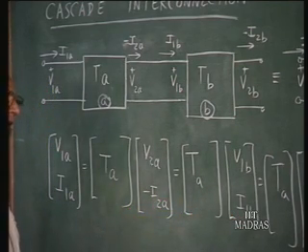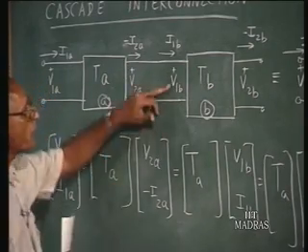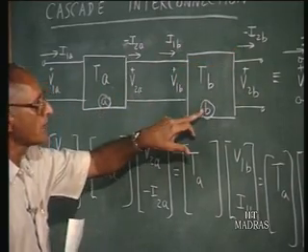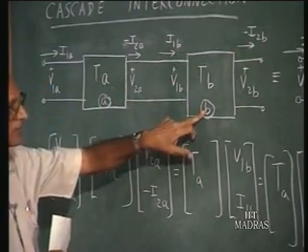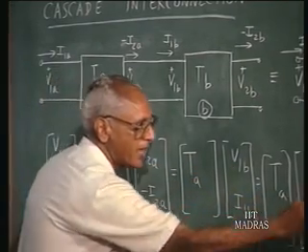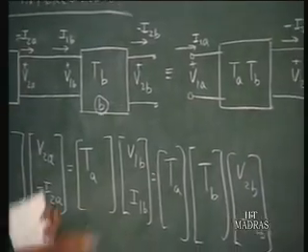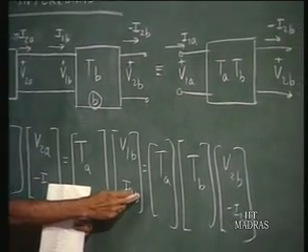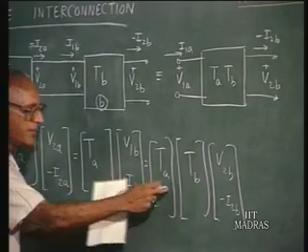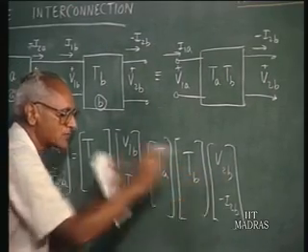Now what is the usefulness of this representation? You observe that V1B and I1B are related to V2B and minus I2B by the chain matrix of network B. So V1B, I1B is obtained as TB times V2B, minus I2B. So if you substitute for V1B, I1B, it will be TA times TB times V2B, minus I2B.